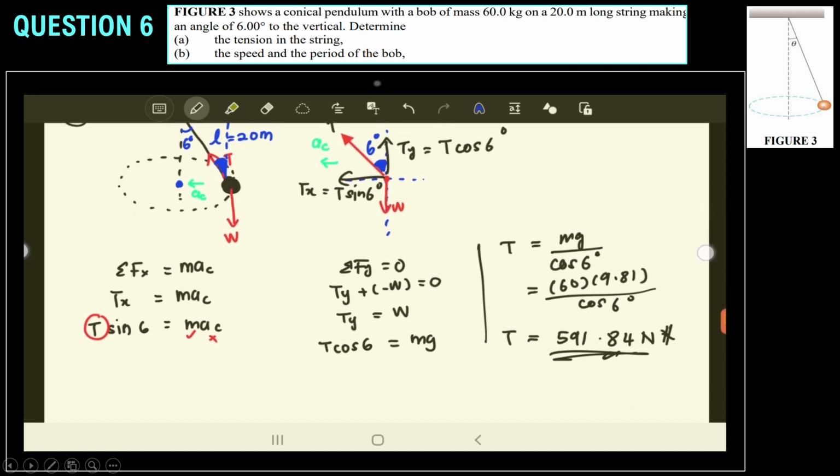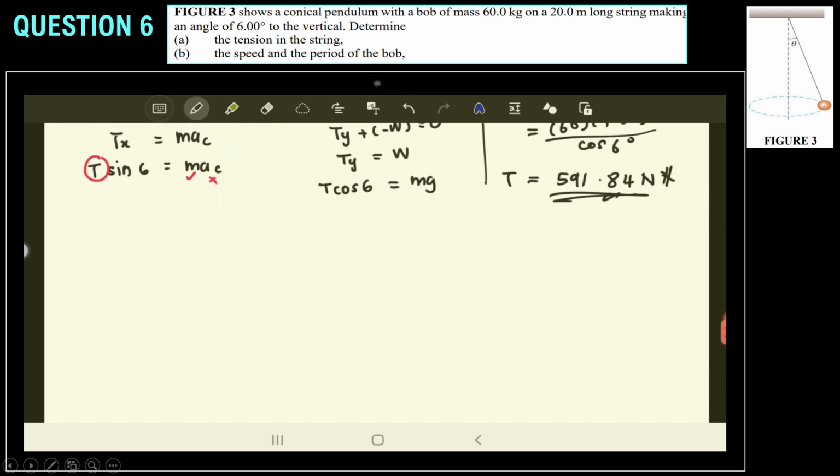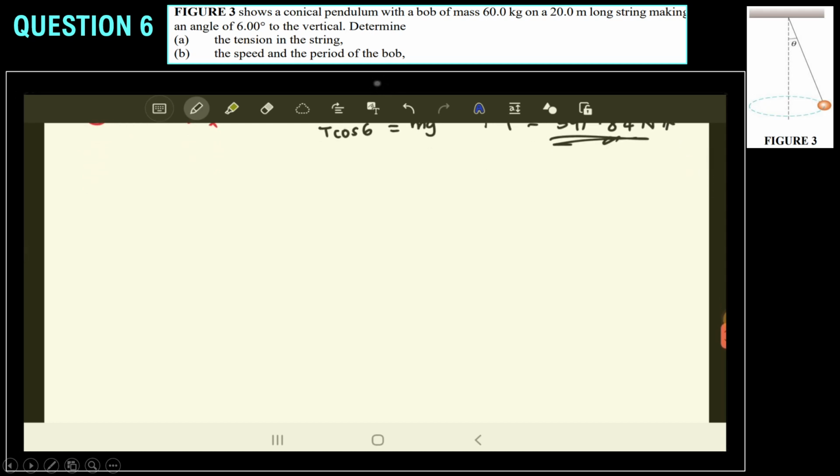Okay, question B, the speed and the period of the bob. We want to calculate the speed of the motion, V. Back to total Fx earlier, we have m a_c, where for Fx we have Tx, T sin 6 degree.